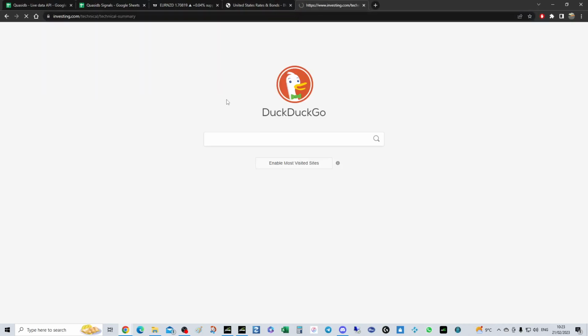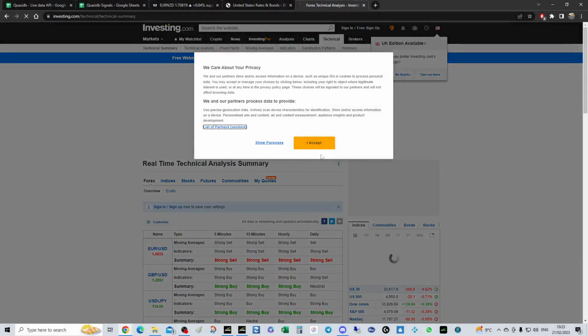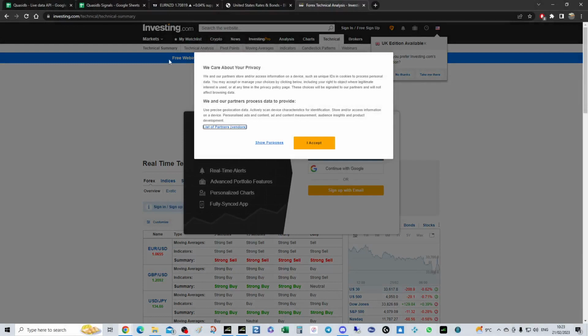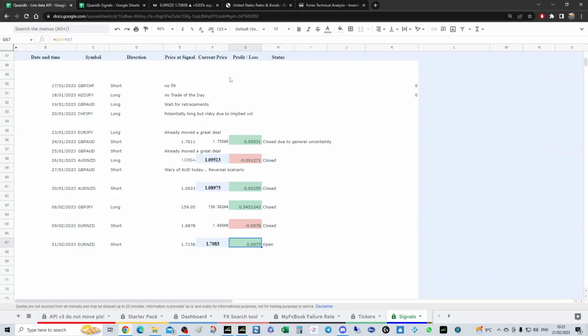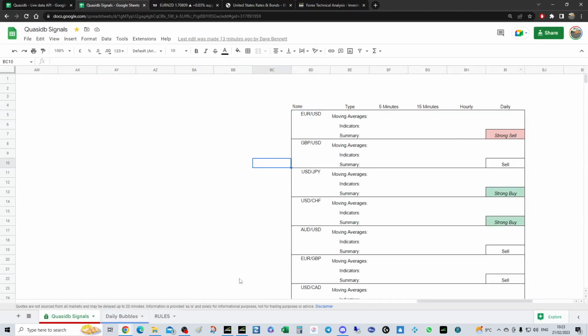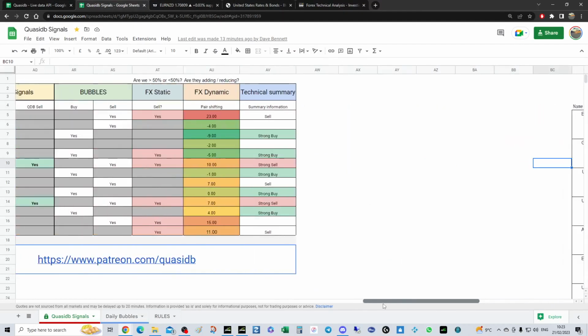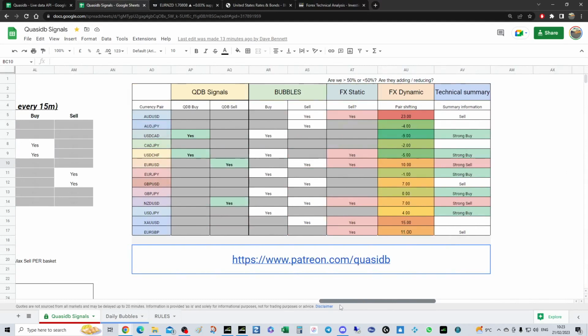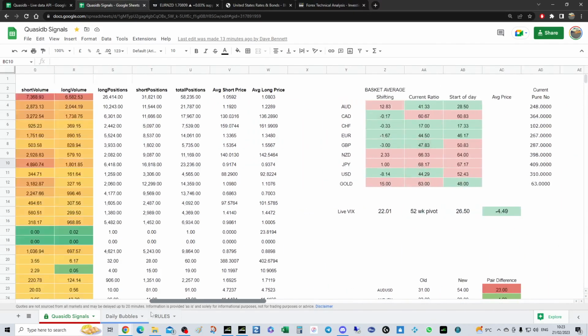It might work, and it just does that. But unfortunately, investing.com has lots of things, so it bypasses those annoying pop-ups. So we avoid those pop-ups. We just get the data directly, and so that's a little bit of technical summary, but mostly it's sentimental. So you do need to check your charts, and you do need to check your fundamentals and your economic calendar.